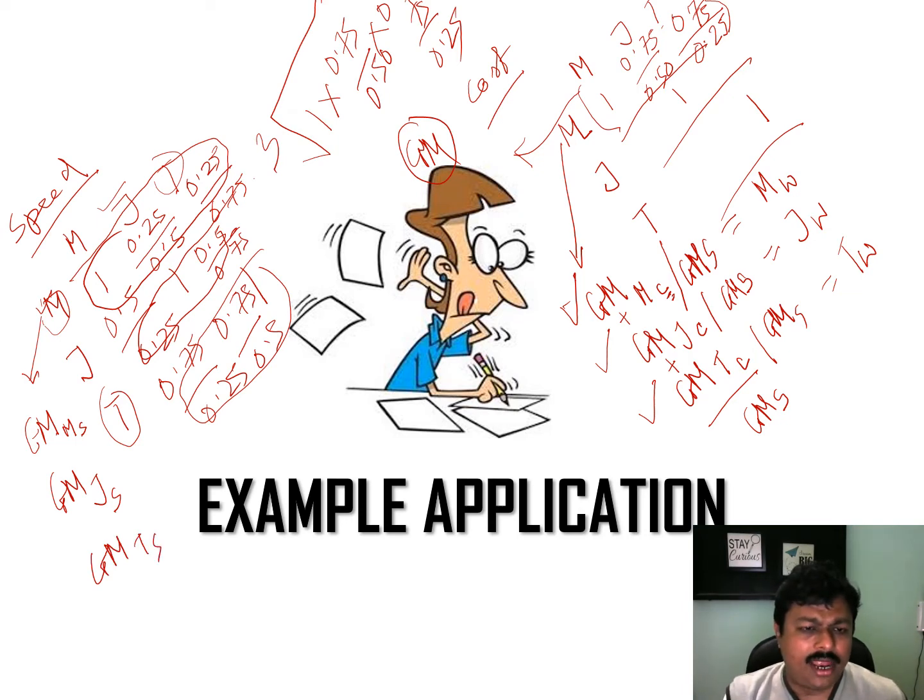And again you will add the GMs together, find the summation of the GM, and then divide each of the GMs by this summation. This will give you the weightage of significance of each of the alternatives with respect to speed.